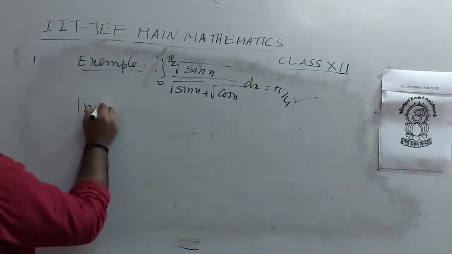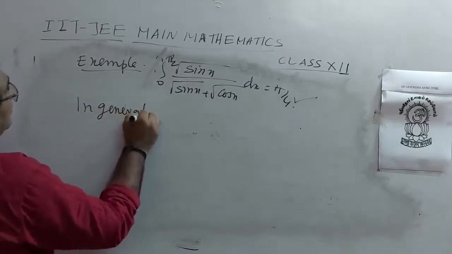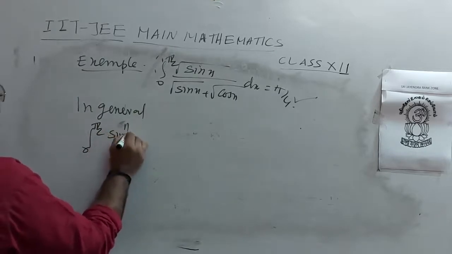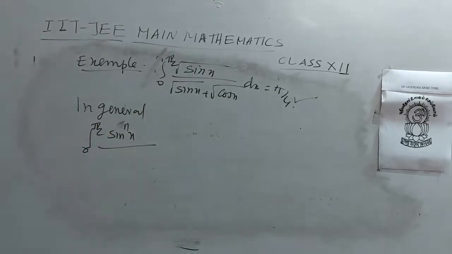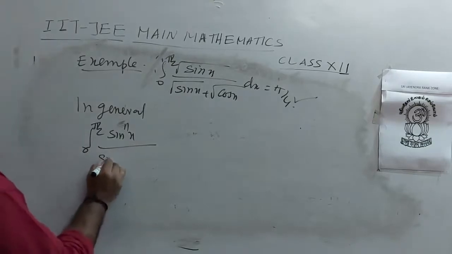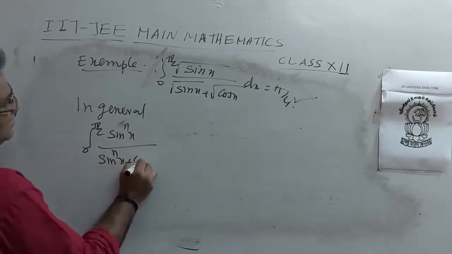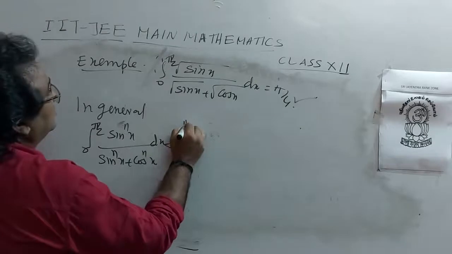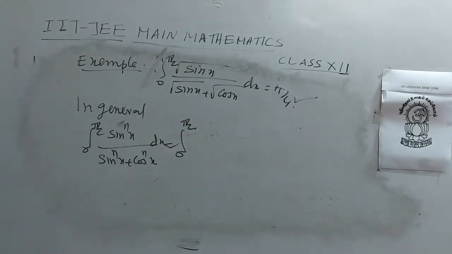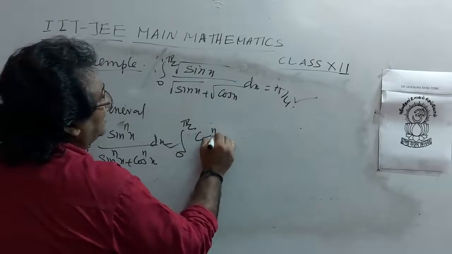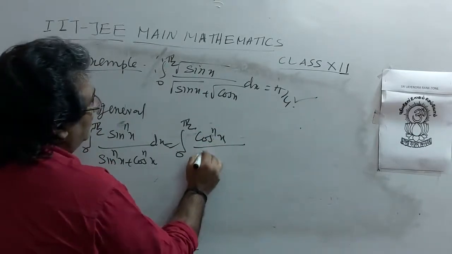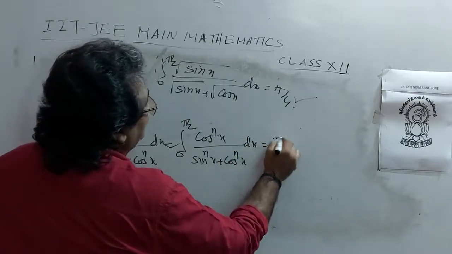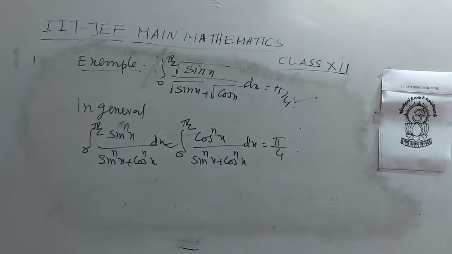In general, integral 0 to pi by 2 sin power n x by sin power n x plus cos power n x dx equal to integral 0 to pi by 2 cos power n x by sin power n x plus cos power n x dx equal to pi by 4.